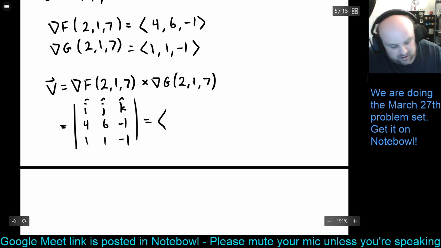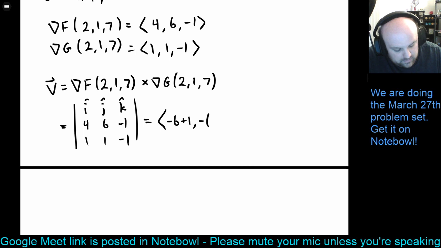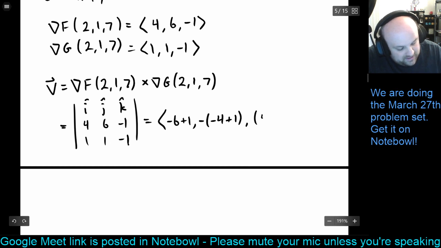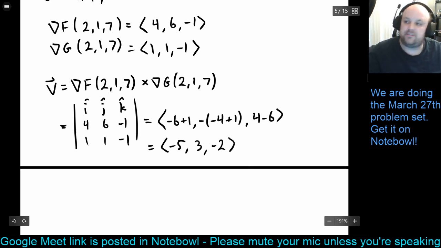Do this cross product, we're going to get negative 6 plus 1, negative 4 plus 1, and 4 minus 6. So this is minus 5, 3, and minus 2. So that's our direction vector.